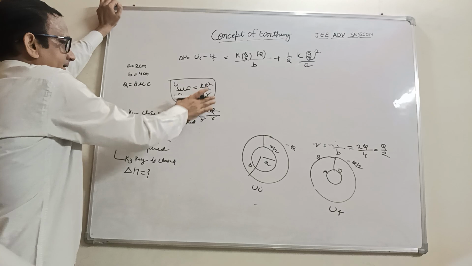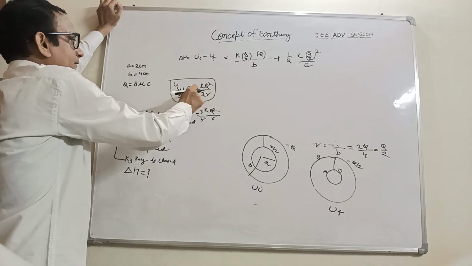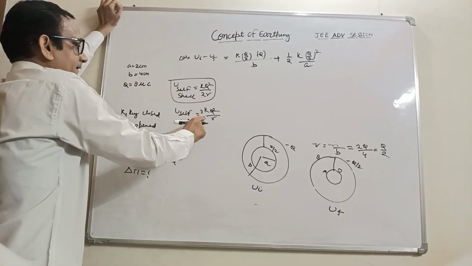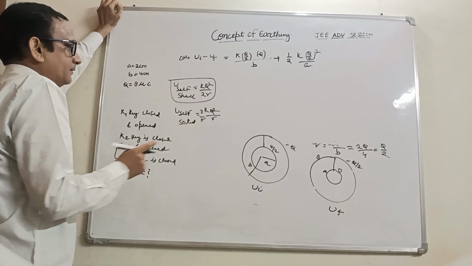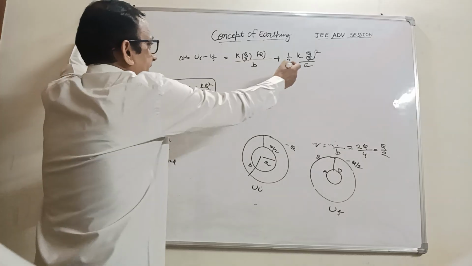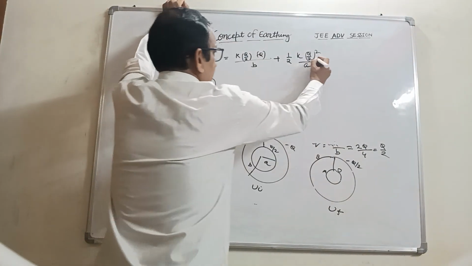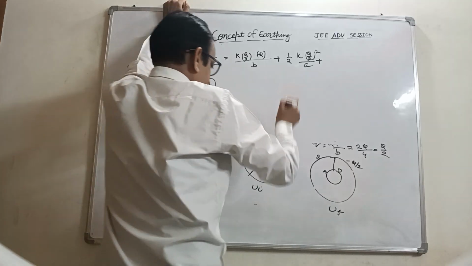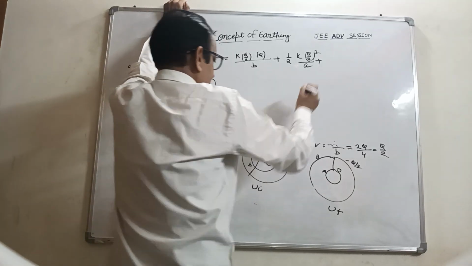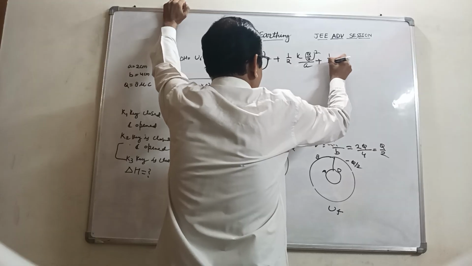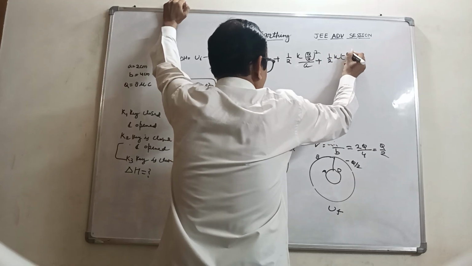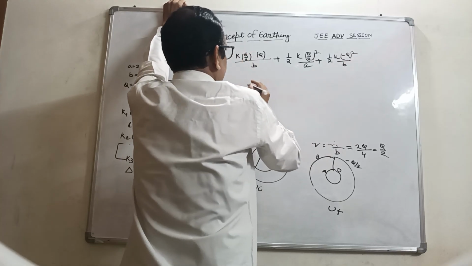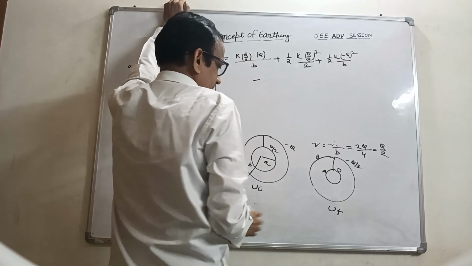Self energy is defined as k q square by 2r for a shell, and for a solid sphere, this is 3 by 5 k q square upon r. So we write the self energy for the inner shell, that would be 1 by 2 k (q by 2) square upon a, and the self energy for the outer shell would be half k (minus q) square upon b.